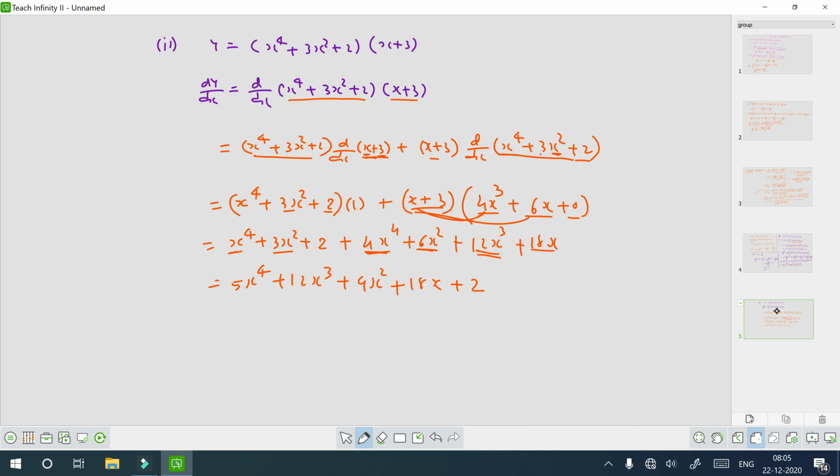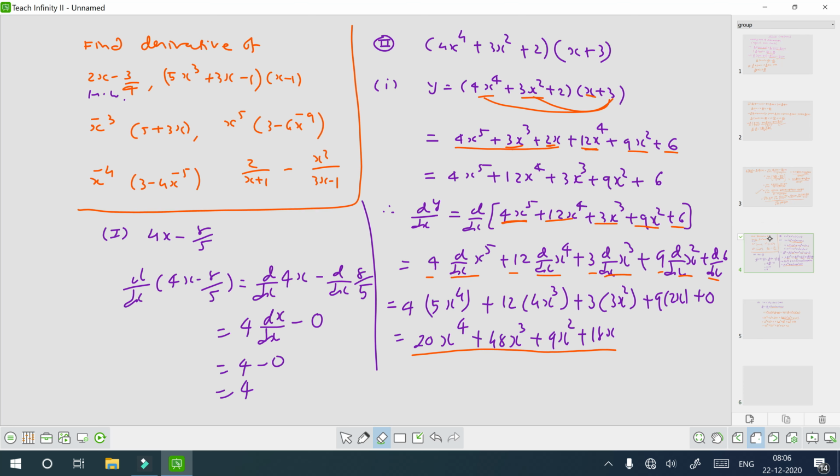So that comes out x raised to 4 plus 4x raised to 4, 5x raised to 4 plus 12x cube plus 3x square plus 6x square, 9x square plus 18x plus 2. Clear? In this way you can also obtain it. Next one. See, product is given to us, so leave this one for you. Now this one.